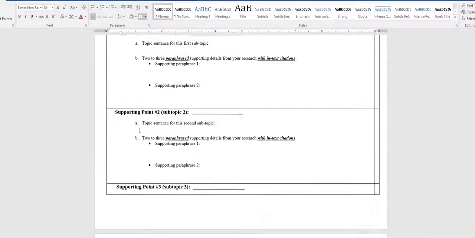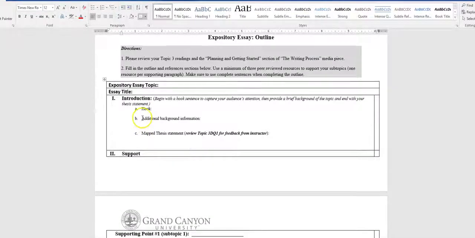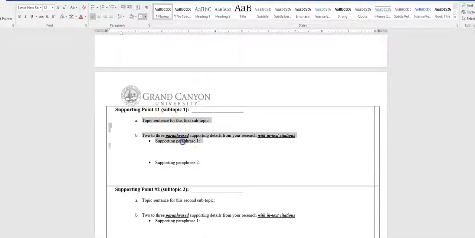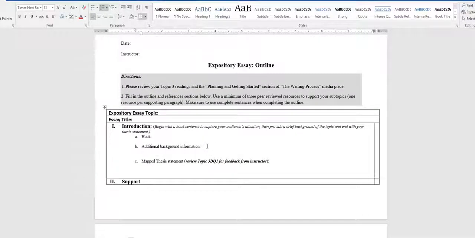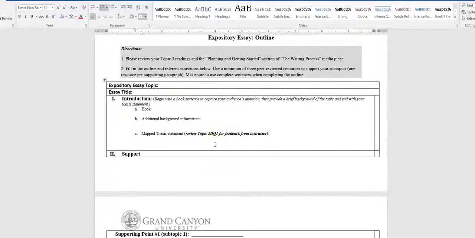But you want to make sure, I'm just going to show you how to do the introduction and one of the subtopics, because once you get this first subtopic down, when I show it to you, then you just go back to your other articles and start pulling information you want to use. Okay, first disclaimer, you're not going to write everything you want about this topic in 5 paragraphs. It's a 750 to 1,000 word essay. Okay, there's not enough space for you to write about everything, so you don't want to clutter it citing a bunch of stuff.